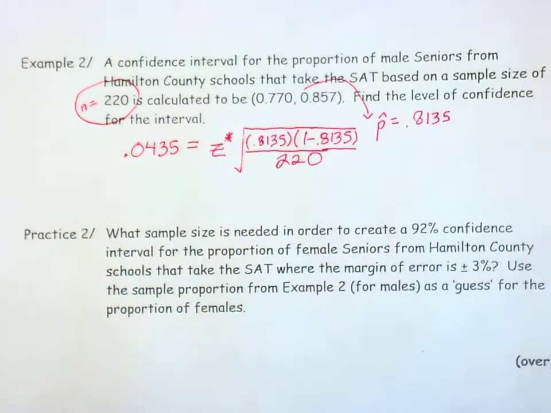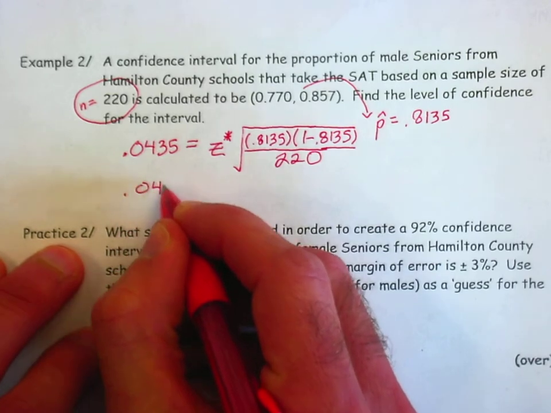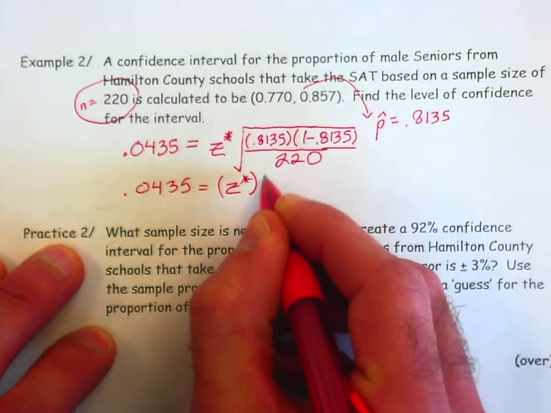So I'm going to take a second and figure out what this crazy radical is. 0.8135 times 1 minus 0.8135, and we will divide that by the 220. So this is 0.0435, and that should equal the z star that I'm interested in.